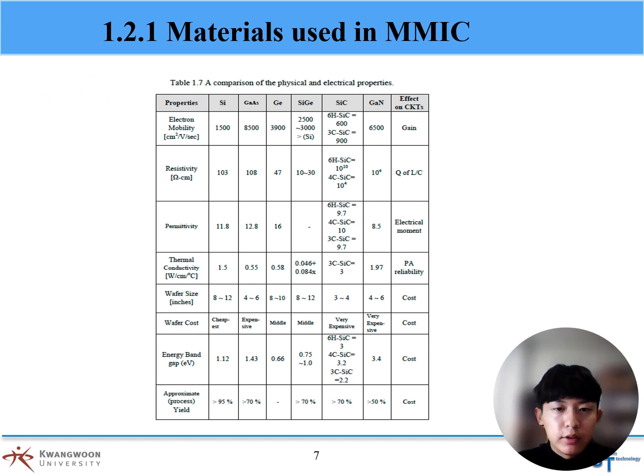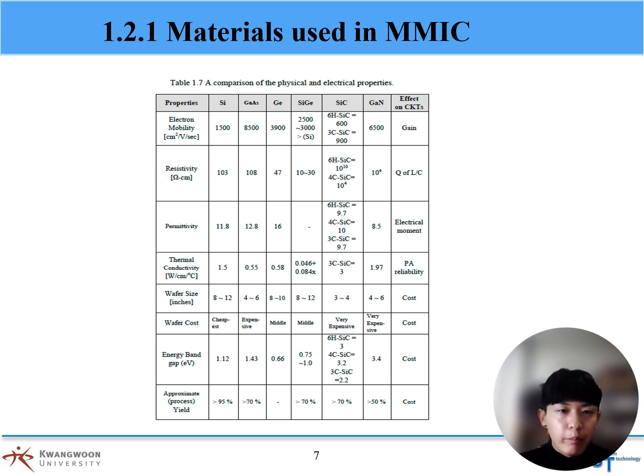This part is the materials used in MMIC. In this part, the various substrate materials Si, GaAs, SiC, SiGe used in MMIC technology are described along with active devices, such as the GaAs MESFET and GaAs HEMT.